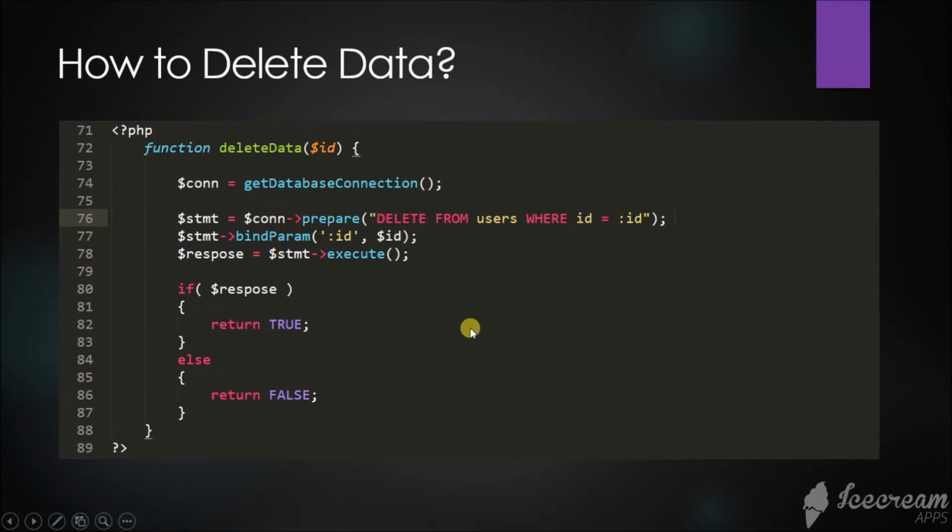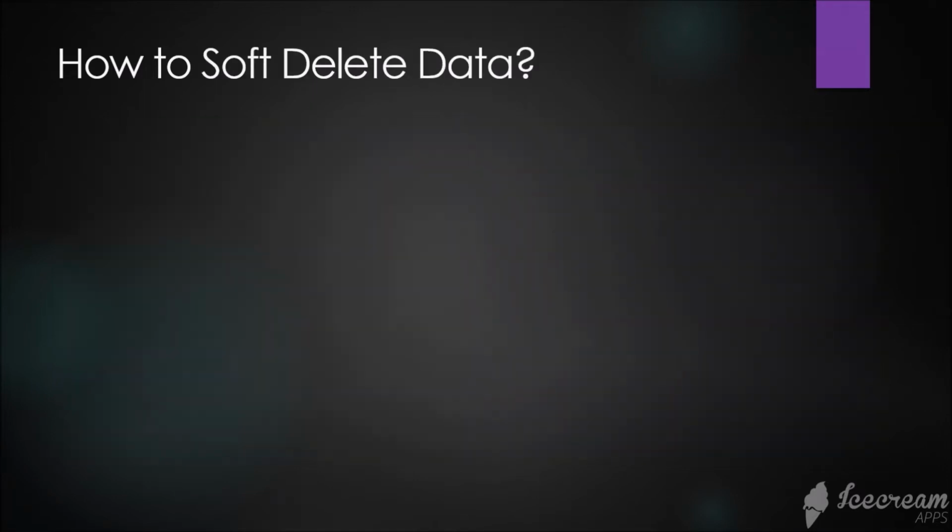We can implement what we call soft delete. So, the question now is, how is soft delete done? That's the next thing we will answer. How to soft delete data.